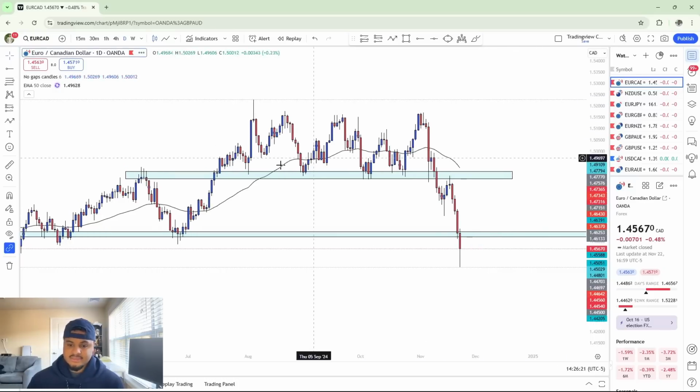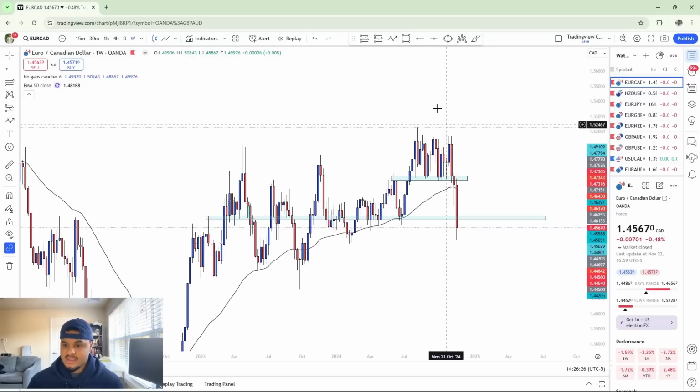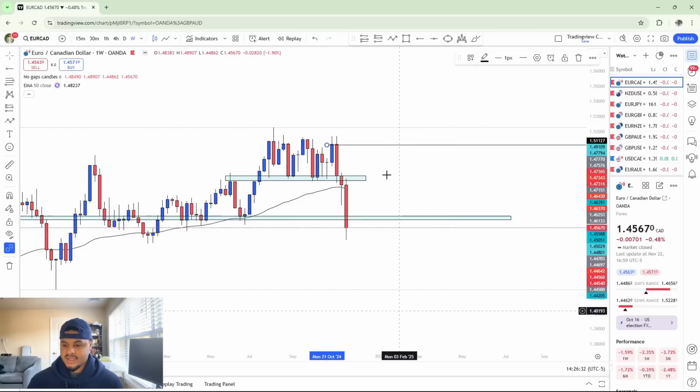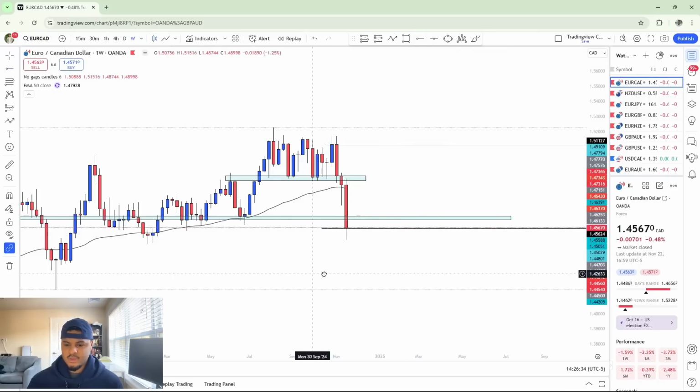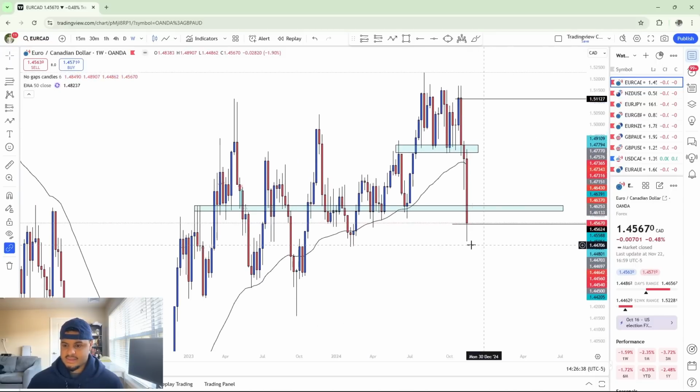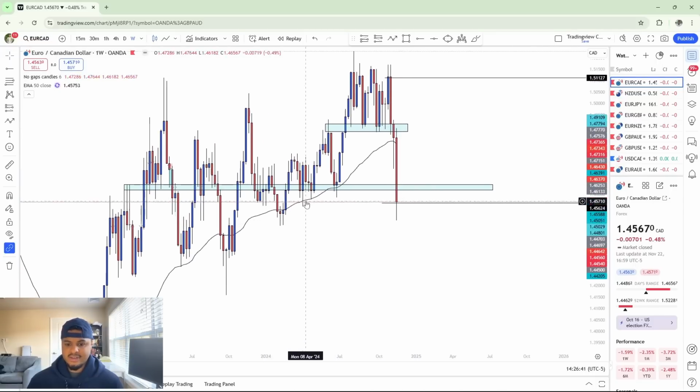But weekly setups. Euro CAD, I think, will continue to sell, right? This is where we're at. Lower high, lower low. We already have a weekly area of interest lined up here.